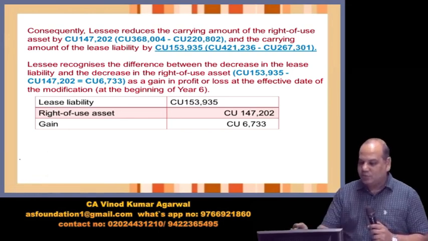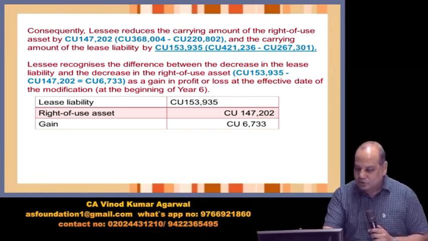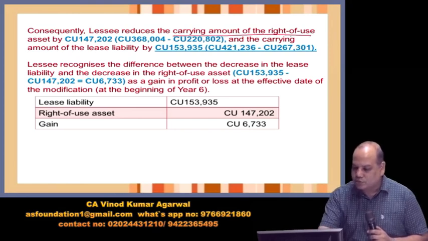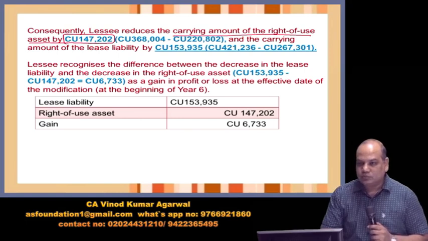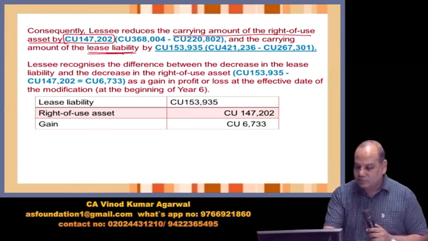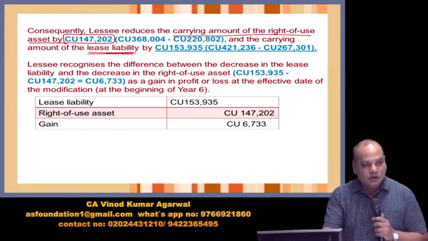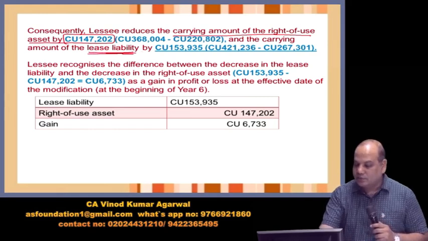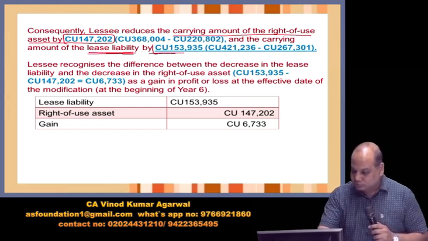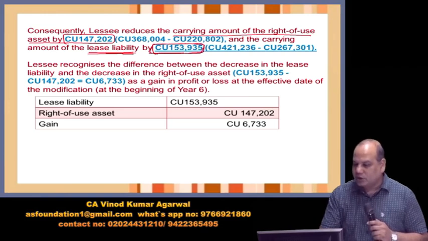If you continuously pay attention, you will understand. Carrying amount of the right of use asset will reduce by 147,202. This is right now for original lease. And carrying amount of the lease liability would have reduced by 153,935.